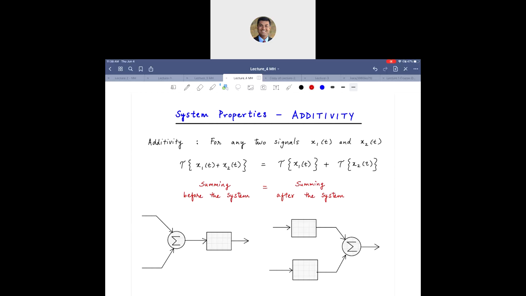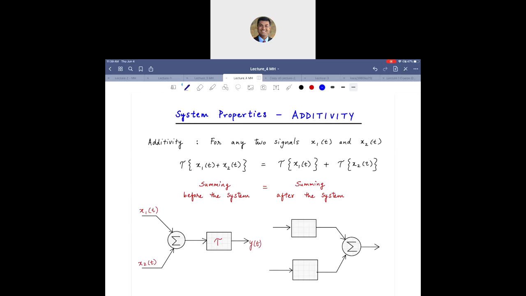So over here we have x1 of t, some input, another input x2 of t, going into the sum, then going into the system operator to get y of t.